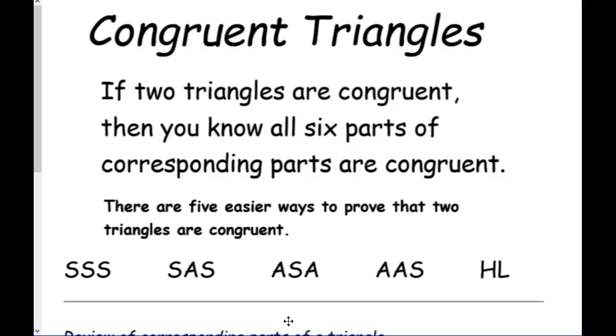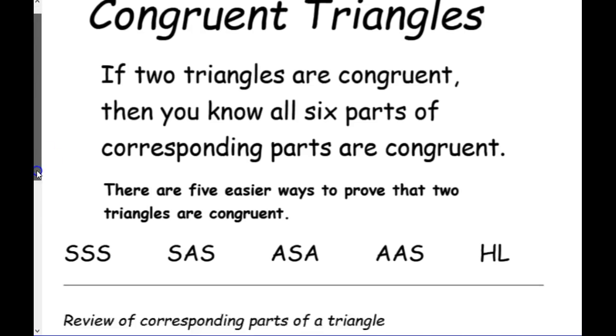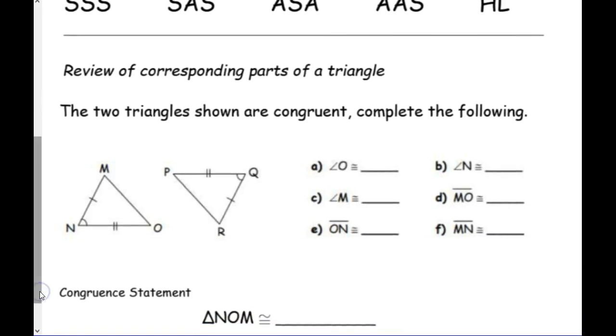These are theorems that are going to prove whether two triangles are congruent, right? So we have SSS, SAS, AAS, ASA, and then HL, right? So first one's at the bottom here. This is kind of like the warm-up, so we should do this real quick.